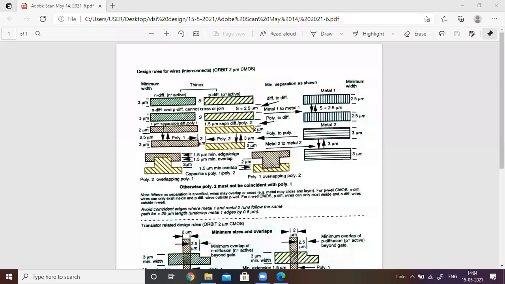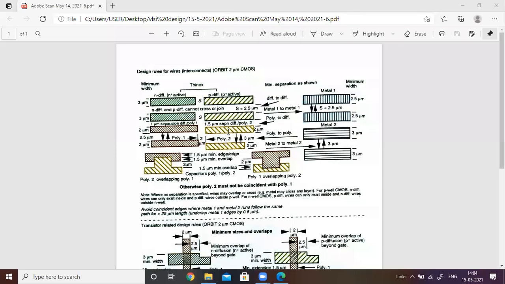Similarly, the separation between the N diffusion and poly 1 is how much? 1.5 micrometer basically. So just see the difference: N diffusion to poly 1 is 1 micrometer separation, and P diffusion to the second polysilicon is 1.5 micrometer.